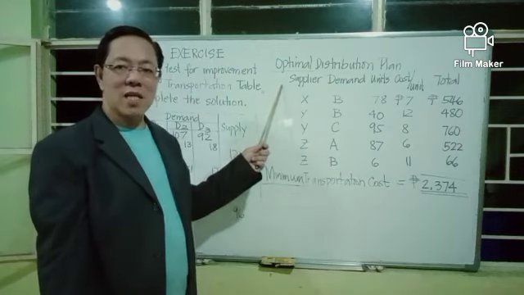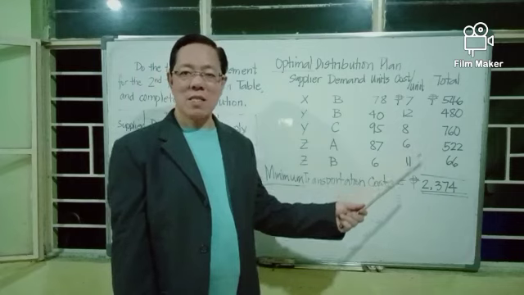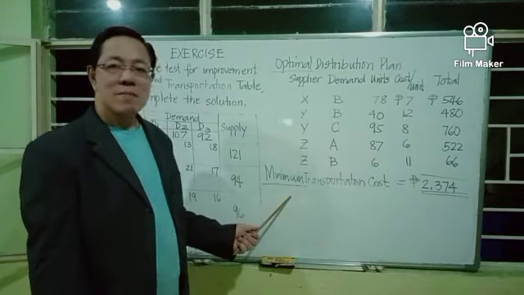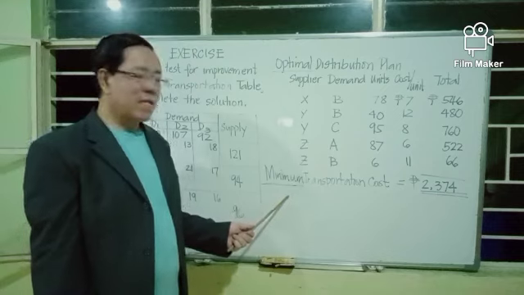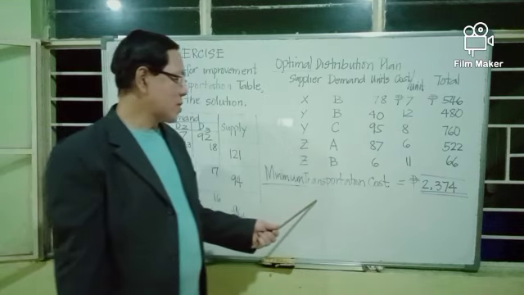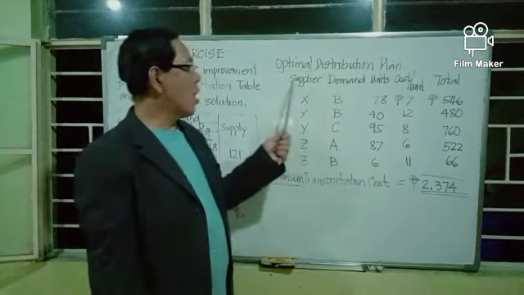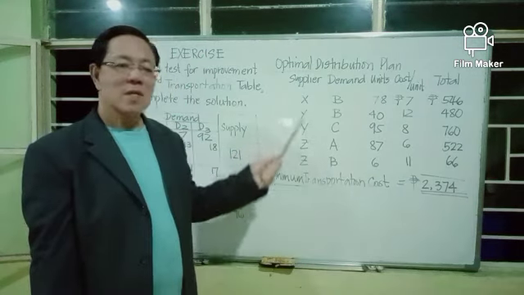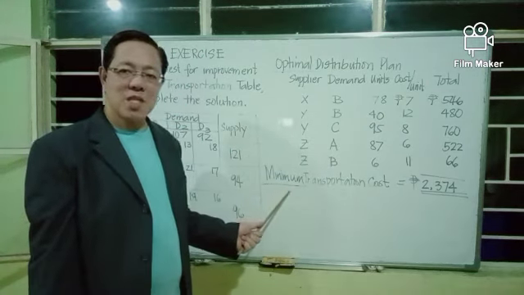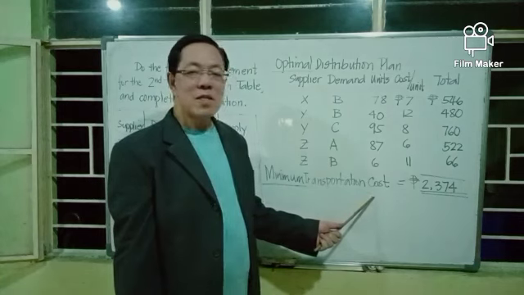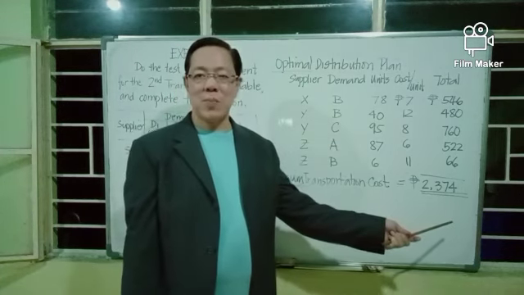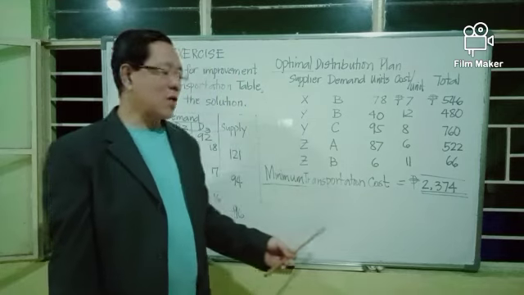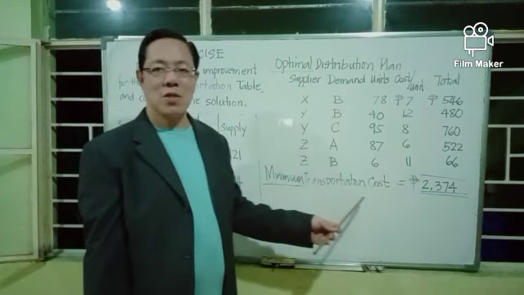And everything in the table is the same except the last entry. In the fourth distribution plan, we write here fourth transportation cost. For the optimal distribution plan, you write minimum transportation cost. The fourth transportation cost is 2,374 pesos, and that is also your minimum transportation cost.